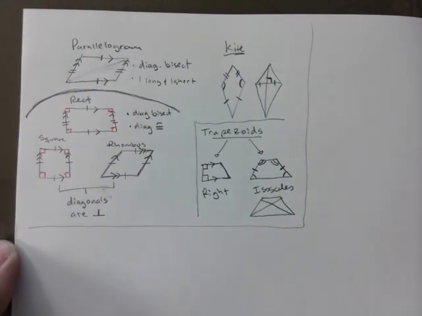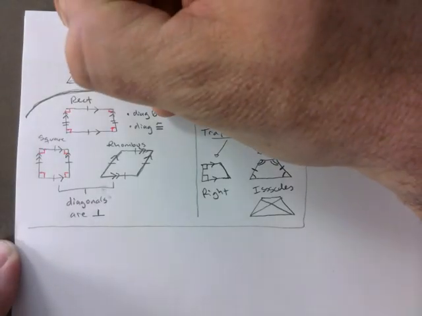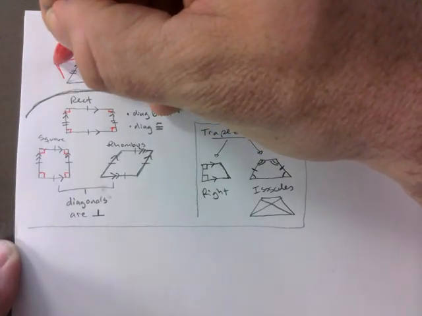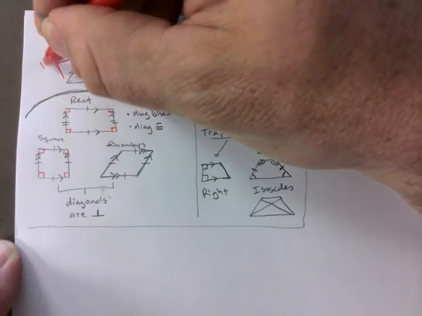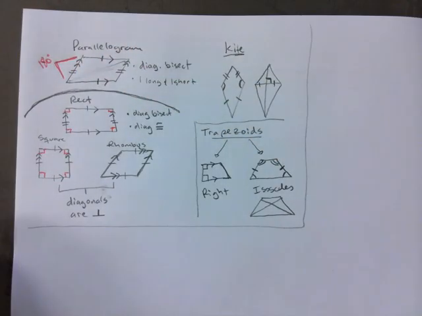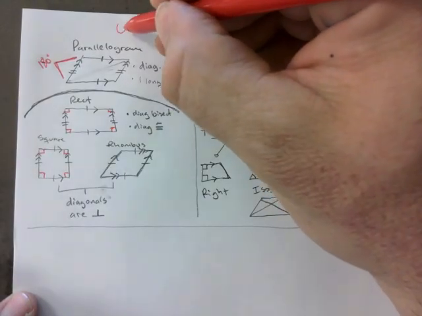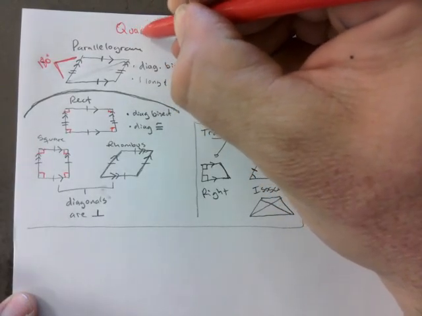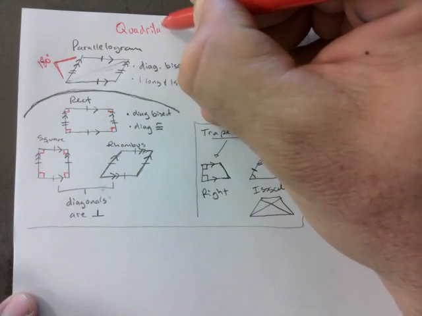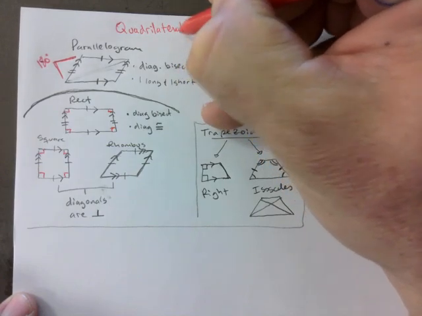And I think if we just do that with a parallelogram, just once here, the fact that they add up to 180 degrees. And what's the name for all of these? Quadrilaterals.